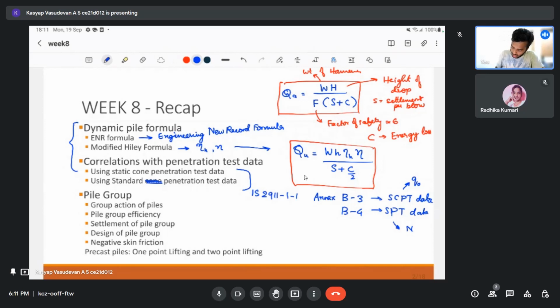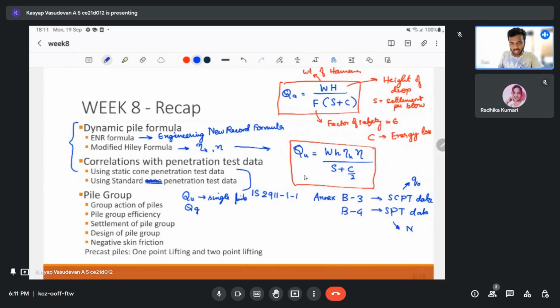We have two terms: the capacity of a single pile, and the capacity of the pile group.